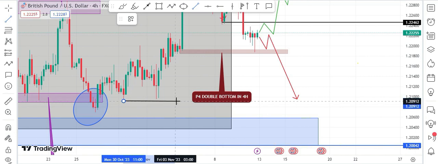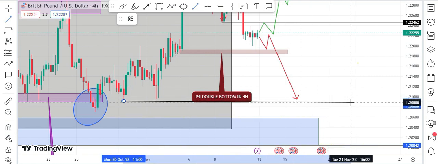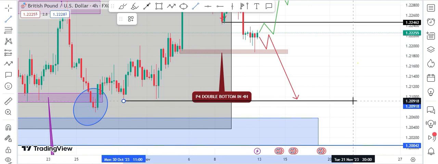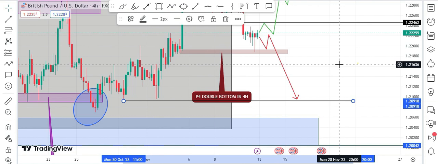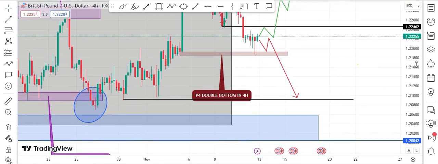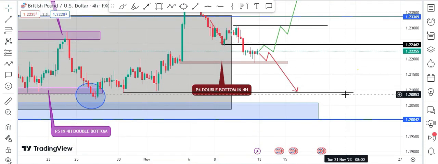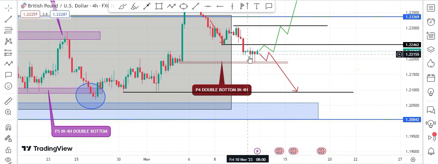This will be a safe zone for the time. And then later we will see how the market puts us in terms of pattern structure as well as the price action. And that is all for GBP.